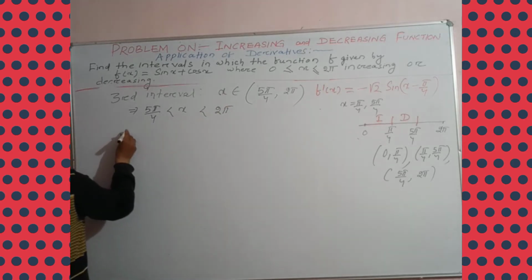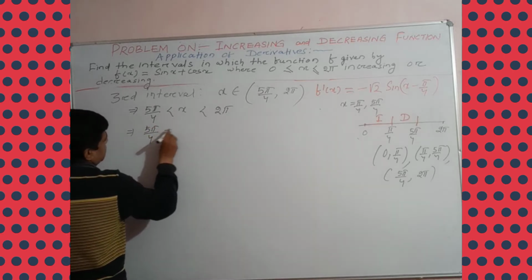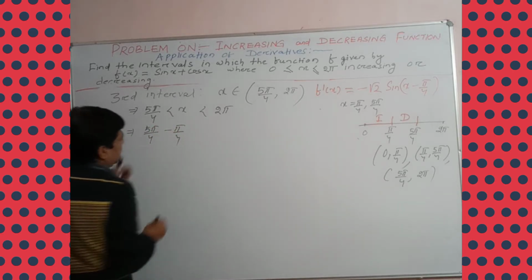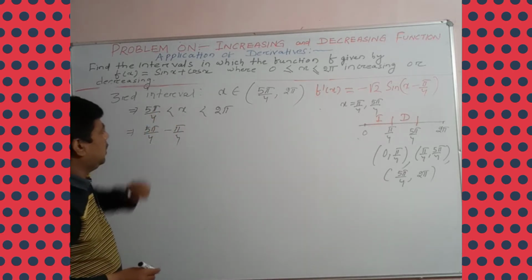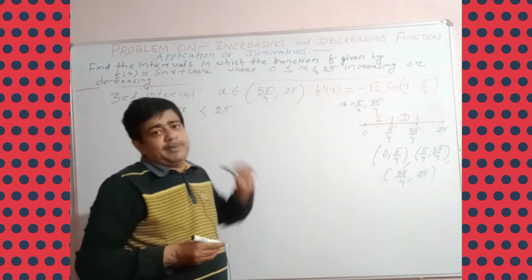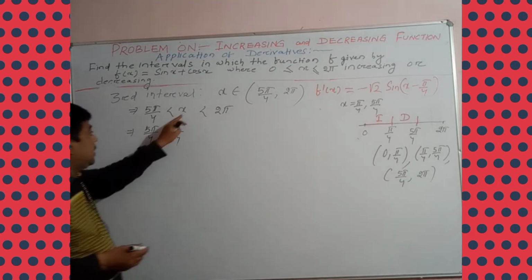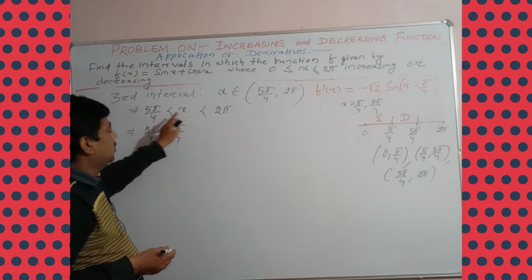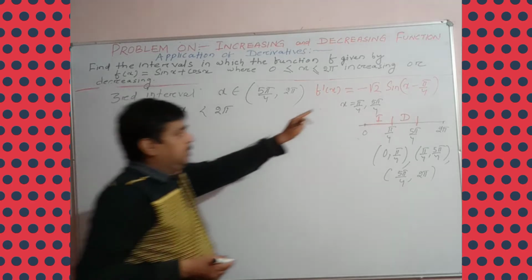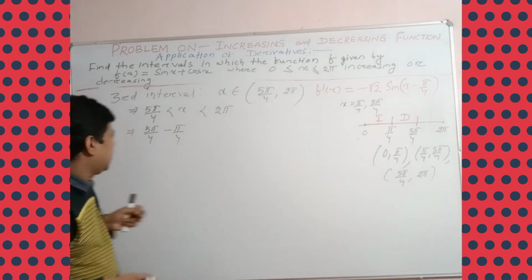Understand? Because x lies between 5 pi by 4 and 2 pi, your angle is x minus pi by 4. We have to check in which interval it lies.